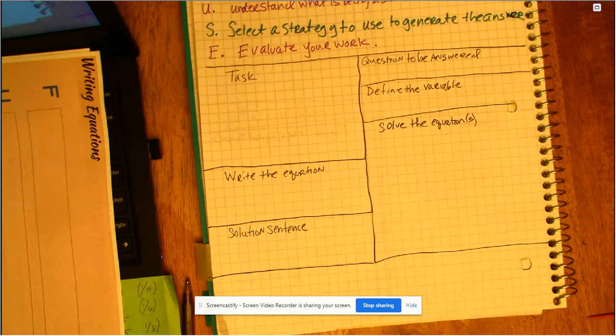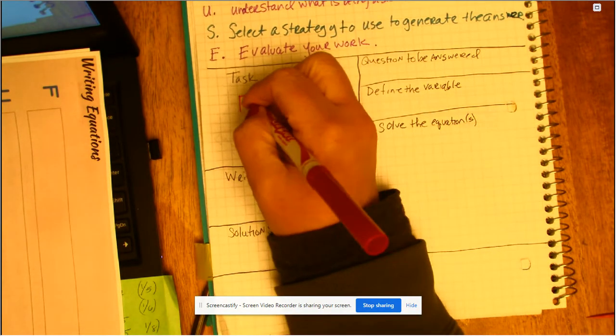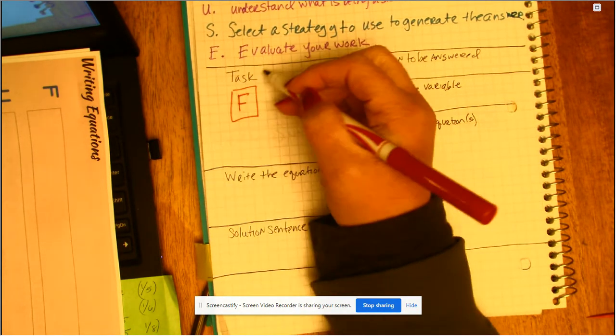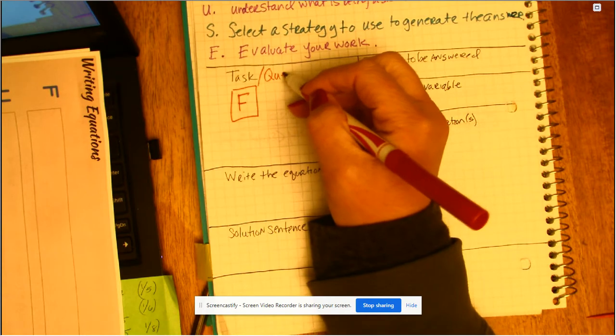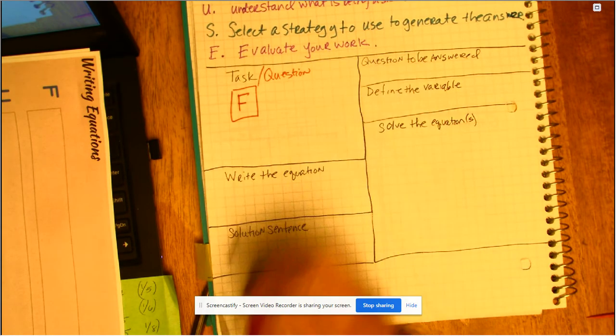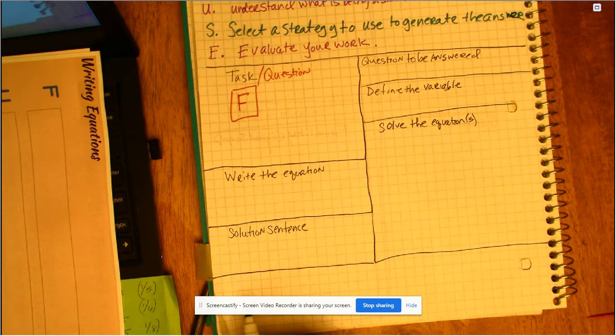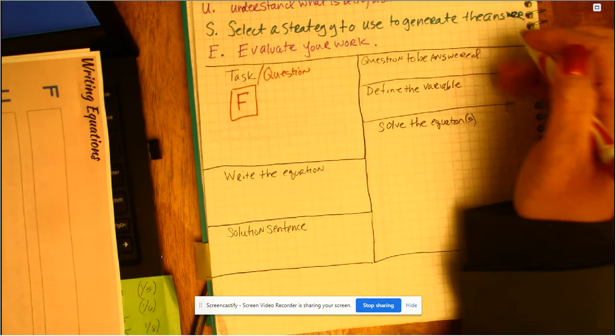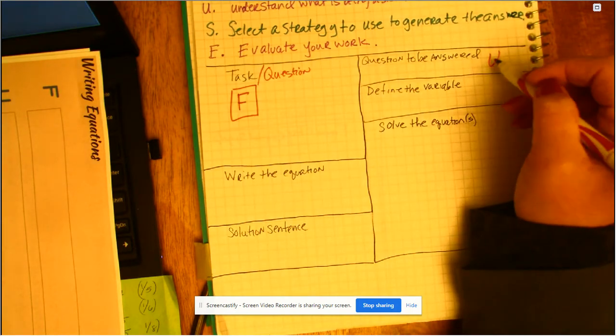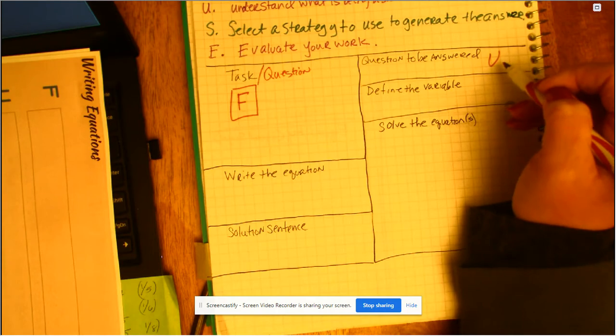Okay, so that's our larger box method. And how does FUSE play out in this box? Well, we're going to put F here because within the task or the question is where we identify the important numbers and words. Here is our U. The question we answered, we find in our ability to understand what's being asked of us.